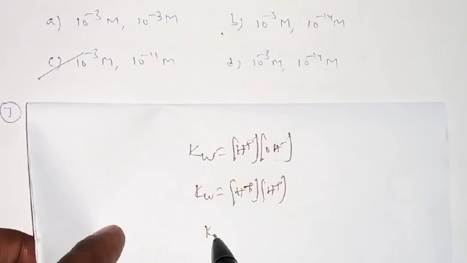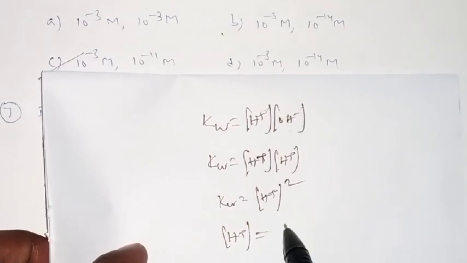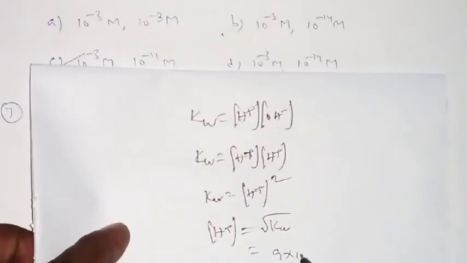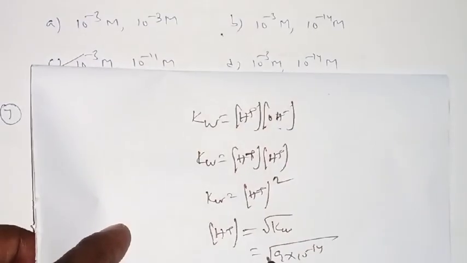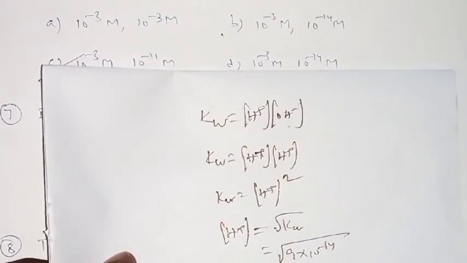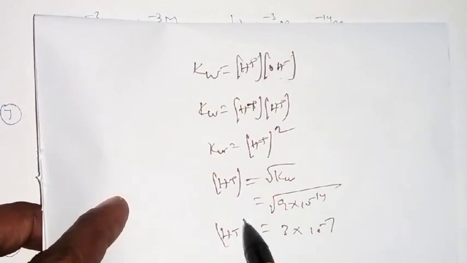That is why Kw equals H plus concentration whole square. Then H plus equals root of Kw. The Kw value given here is 9 into 10 power minus 14, root. If you simplify, you will get 3 into 10 power minus 7. So this is the H plus value.